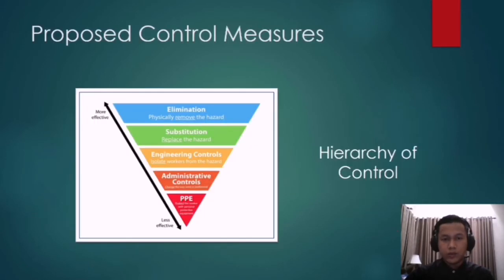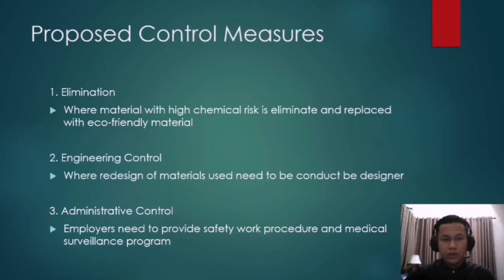Next are the proposed control measures. In this discussion, we propose control measures based on the hierarchy of control, from most effective to less effective, as shown in the figure. First is elimination, where material with high chemical risk is eliminated and replaced with eco-friendly material.